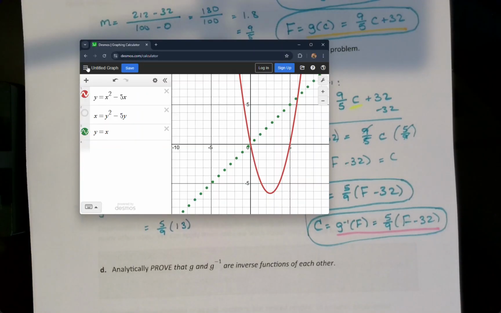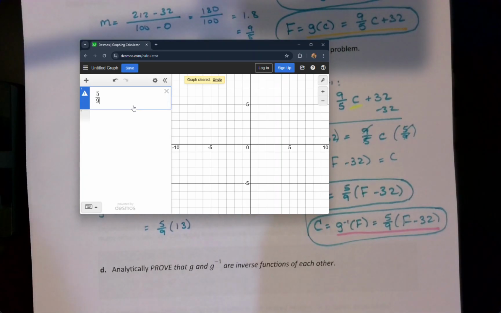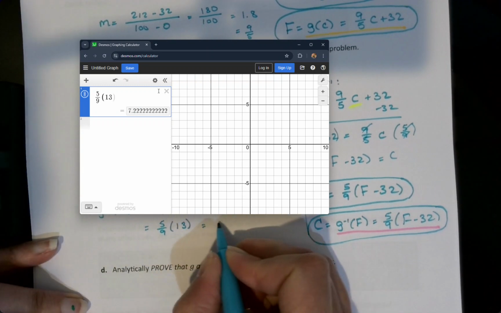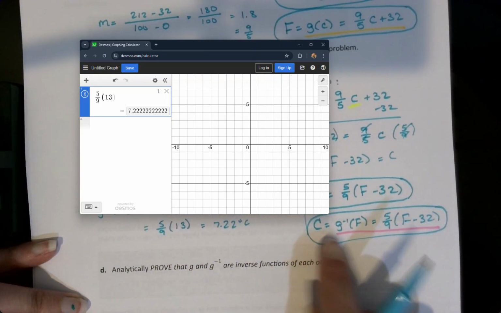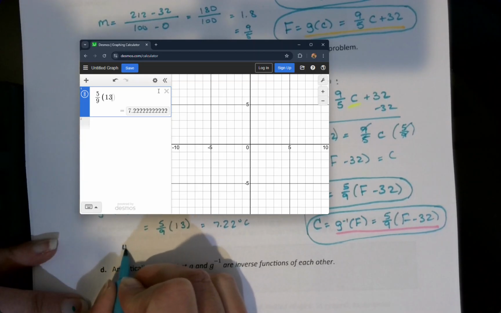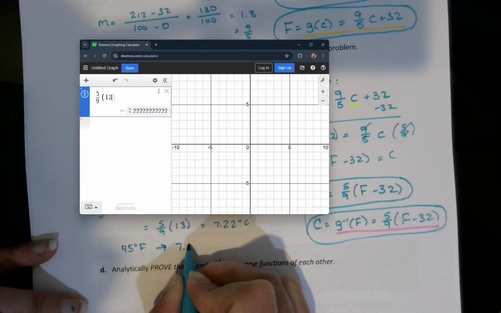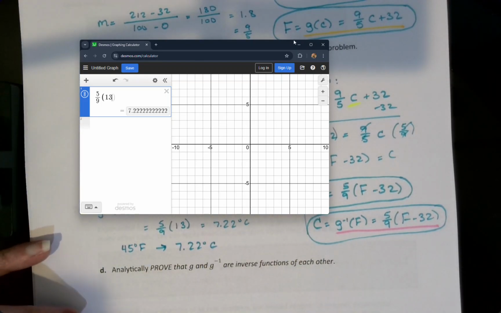So let me clear this real quick. We need to take 5/9 of 13. Comes out as about 7.22. Outputs are in degrees Celsius. So this means that 45 degrees Fahrenheit is about 7.22 degrees Celsius.